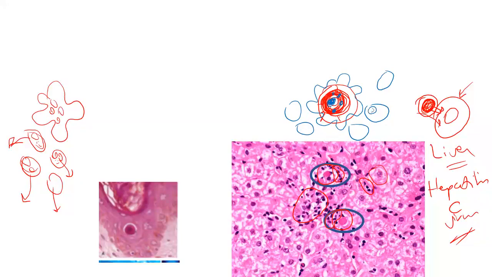Each part of them contains part of the nucleus and some organelles along with an intact cell membrane. Fine. If you look at this, this is the Councilman body present in cases of viral hepatitis infection, and of course these are actually apoptotic bodies, and this apoptosis is induced by these cytotoxic T cells. Fine. Okay.